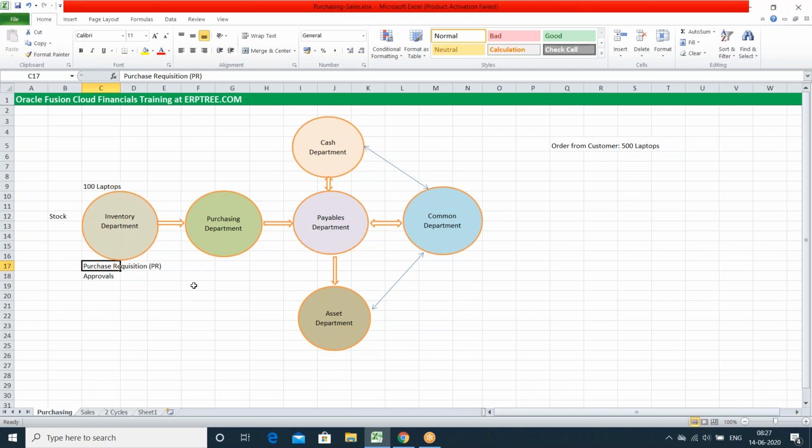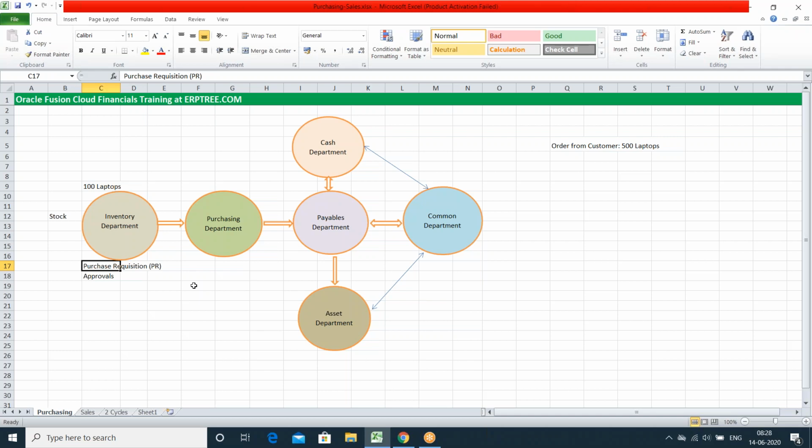Now what the inventory department should do is pass the purchase requisition information to the purchasing department, that means the approved purchase requisition information.